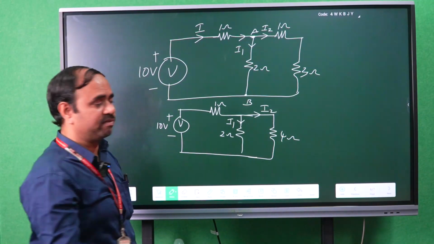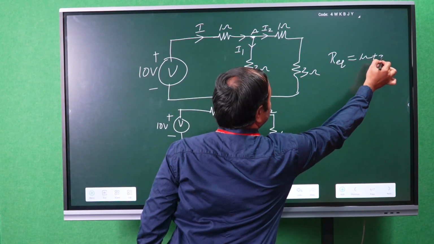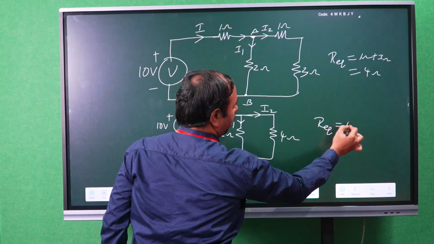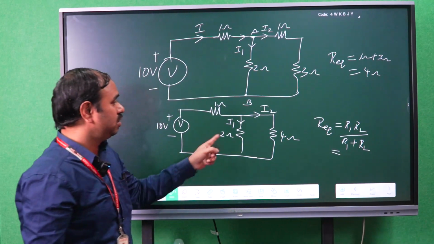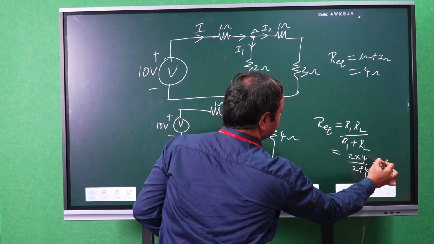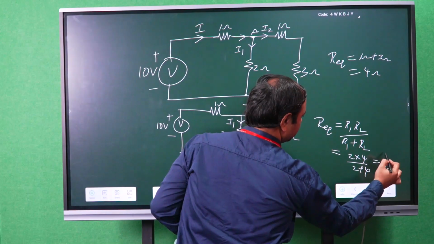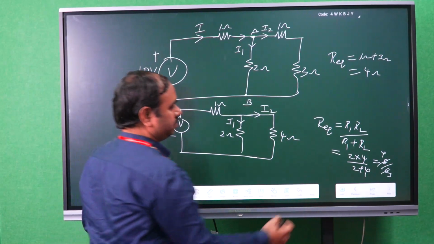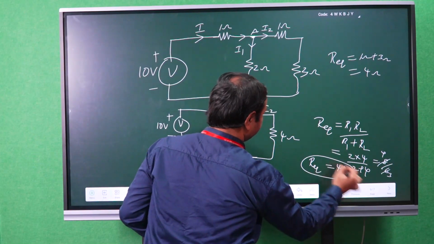So apply the formula. Initially we have done R equivalent is 1 ohm plus 3 ohm, it is 4 ohm. Now in this case, R equivalent means R1 R2 by R1 plus R2, the general formula. So 2 into 4 by 2 plus 4, it is 8 by 6, or you can simplify this as 4 by 3. So R equivalent is 4 by 3 ohms.